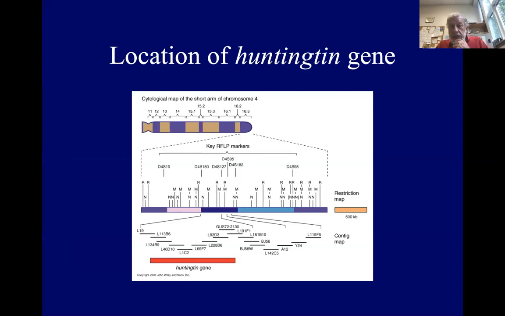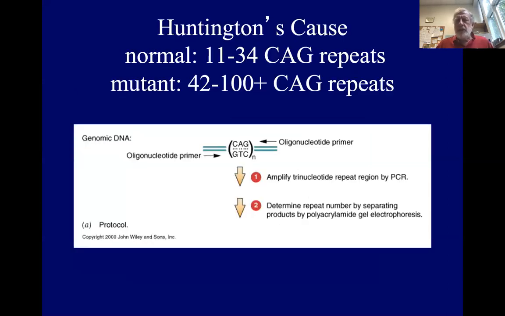And here's the Huntington gene, towards the end of the short arm of chromosome 4. And it's one of these things that's a trinucleotide repeat. Okay, so just having too many CAG repeats in that gene dooms you to an early death and a degenerating nervous system.